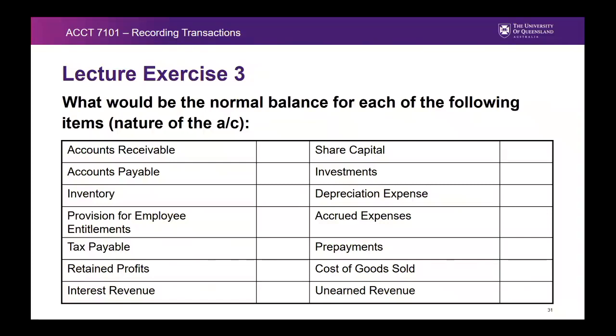Sorry, which one? Investments is an asset, so we haven't covered this in detail, but investments are recognised as assets. So this is an investment that we have. It could be a purchase of shares in another company, or we could just put money into an investment account in a bank. So that's recognised as an asset.